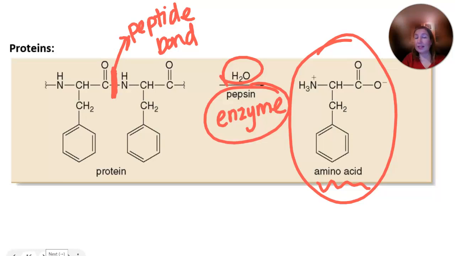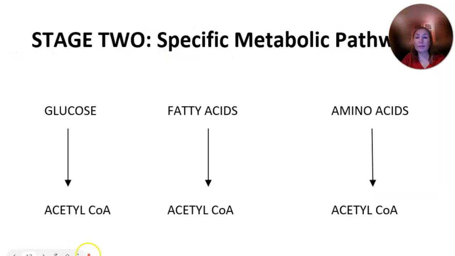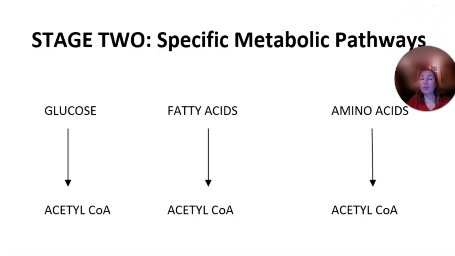So this is the third type of hydrolysis or digestion. We've looked at carbohydrates and fats and now proteins. And in each case, this is review of the hydrolysis reaction that we learned when we studied these individually. So our stage 2 metabolic pathways will get more specific.